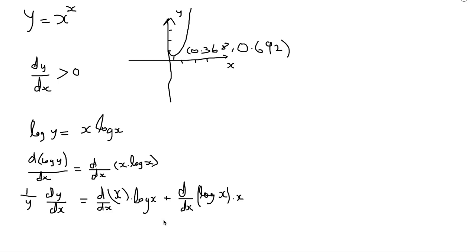Then what we're going to get is 1 by y dy by dx equals, differentiating x gives us 1, and this one will not be differentiated, so we have log x, and we have here log x differentiated will give us 1 by x and dot x, which is multiplication, multiply x.